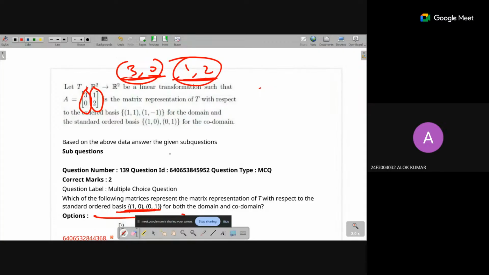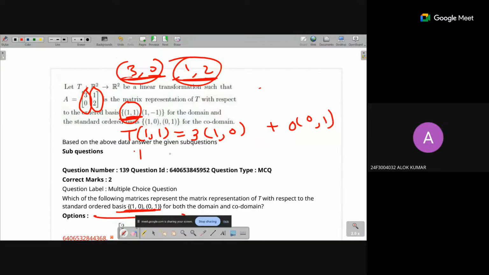So basically it is saying that if you take the first ordered basis vector 1, 1, the transformation will look like 1, 0 and 0, 1, and 3, 0 gives the coefficients. So 3, 0.